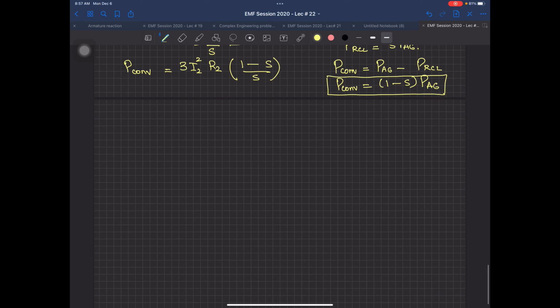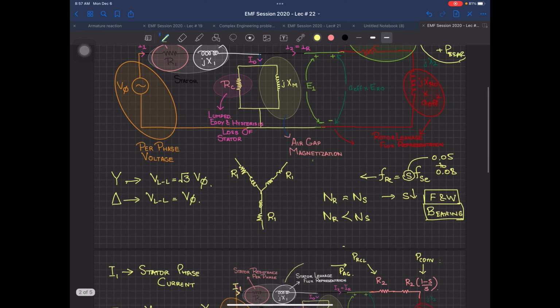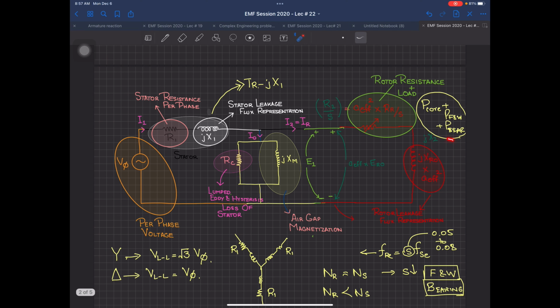And based on this one, now when you have got your P converted, your P output is going to be equal to P converted minus P friction and windage minus P miscellaneous. You can call this also as stray. So the lumped value of friction and windage, which was given to you here, when I talked about this one, I told you that sometimes P core plus this one are lumped together. But if they are not lumped together, RC is there, so this P core will not be there.